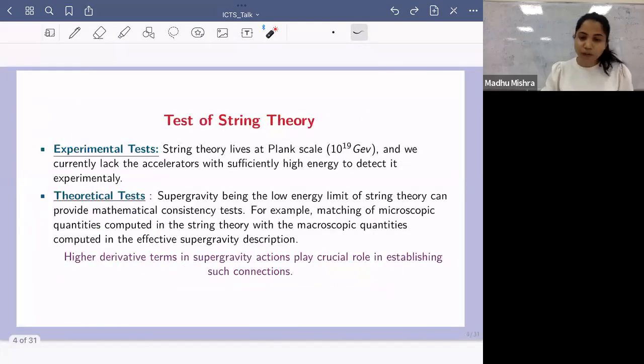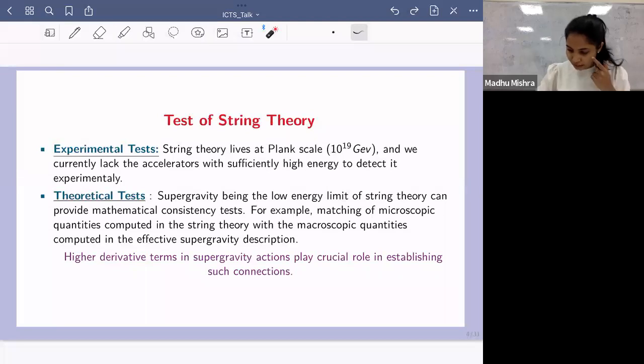So despite the theoretical success of string theory, at present it cannot be experimentally tested due to the lack of accelerators with sufficiently high energy. Thus, we rely on theoretical tests to verify the mathematical consistency of string theory. And supergravity theory, being the low energy limit of string theory, can provide us with such consistency checks.